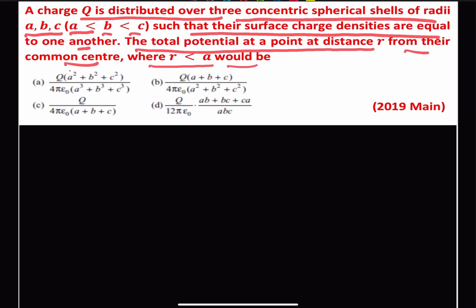So we have 3 concentric spherical shells, so we can just draw the approximate figure for that.